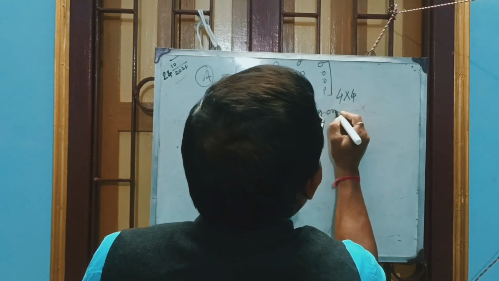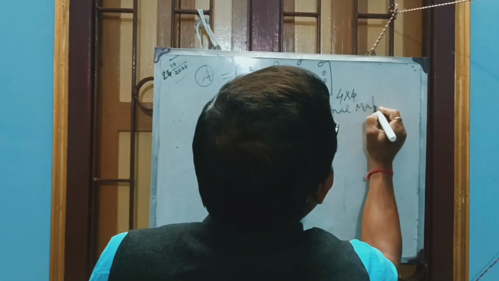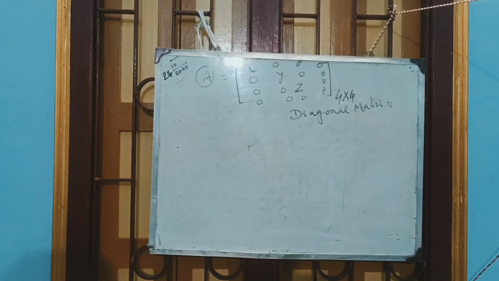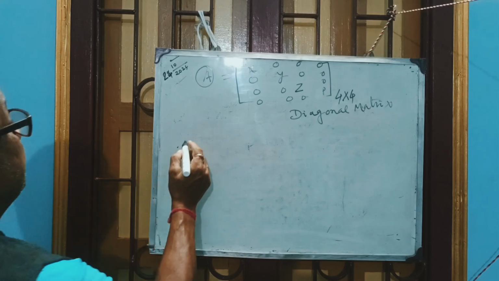In Bengali, this is called a diagonal matrix. Okay. Give me an example.